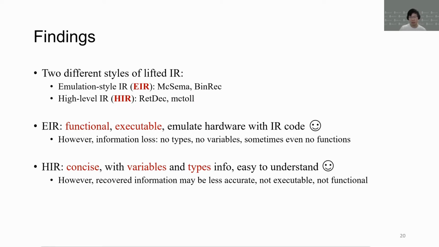Generally, EIR is functional and executable, as it tries to emulate each hardware instruction faithfully with IR code. However, such IR does not contain valuable information, including variables and types and even function prototypes. On the other hand, HIR is concise and easy to understand but usually not functional, as accurately recovering variables and types from stripped binaries is challenging.